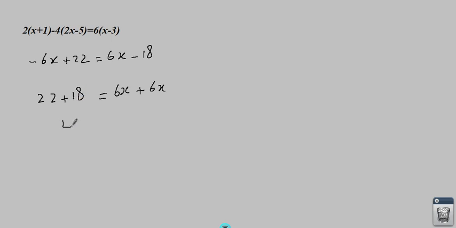So this is 40 equals 12x. Therefore, x equals 40 divided by 12, which is 10 divided by 3.